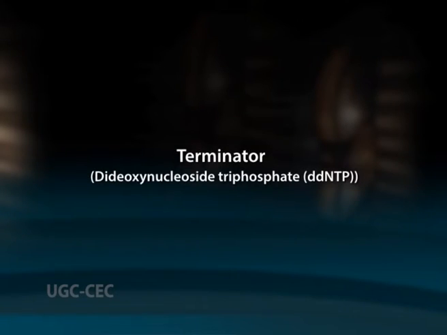The polymerization was extended until the enzyme incorporated a modified nucleoside known as a terminator, or dideoxynucleoside triphosphate (ddNTP), into the growing chain. This method was performed in 4 different tubes, each containing the appropriate amount of one of the 4 terminators. All the generated fragments had the same 5' end, whereas the 3' end was determined by the dideoxynucleotide used in the reaction.